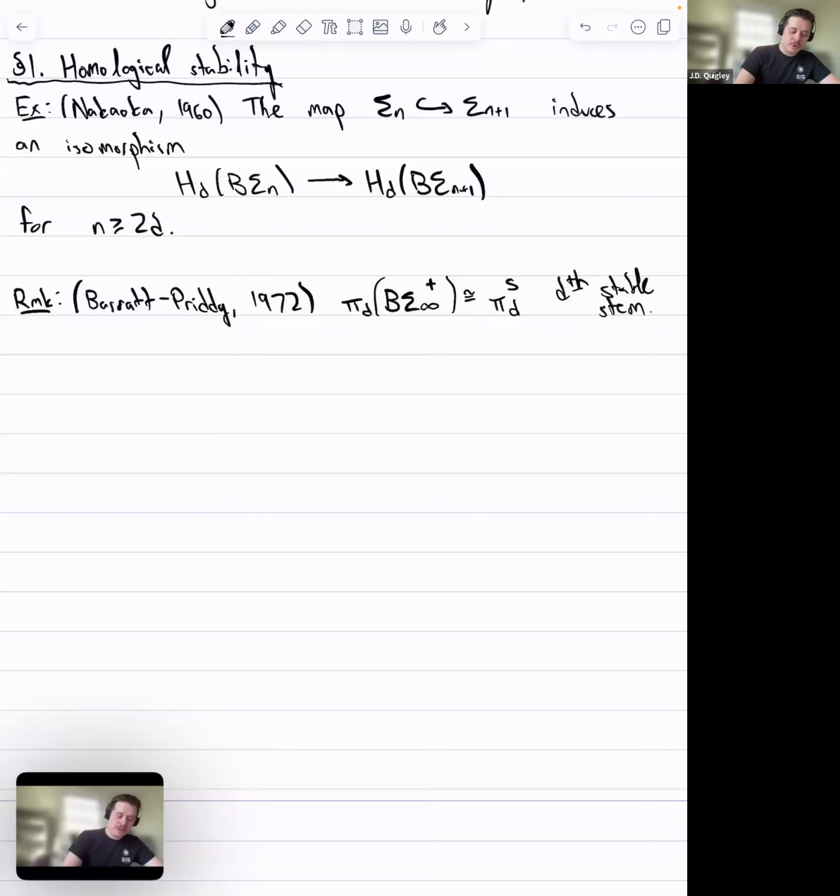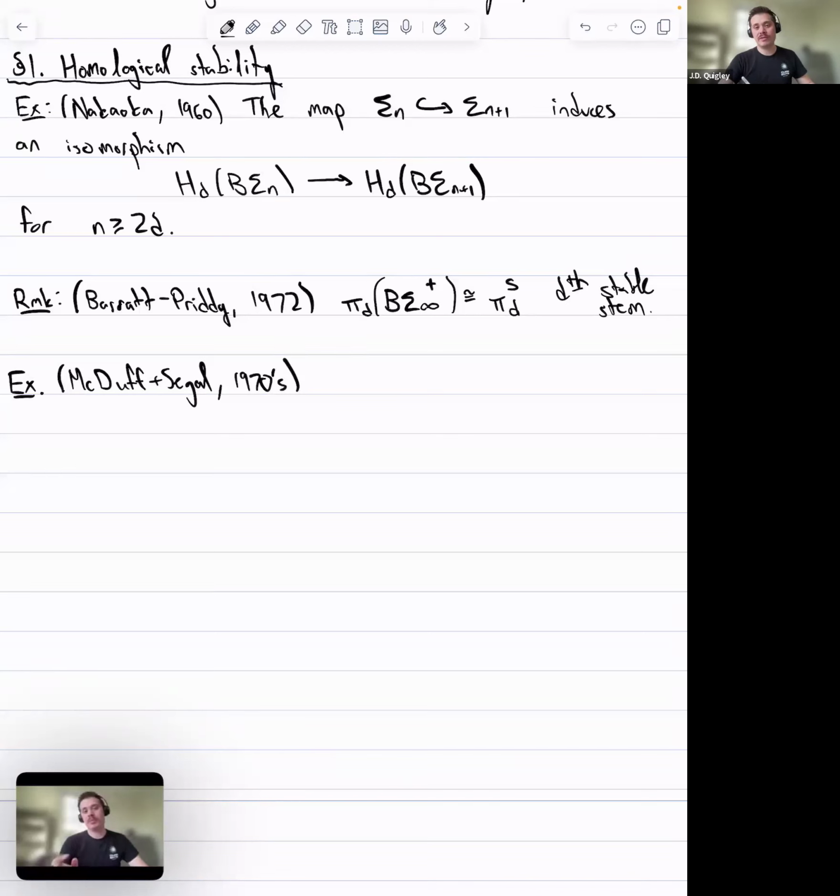Okay, I'll give you one more example, and this will be the main example for the talk. This goes back to McDuff and Segal in the 1970s. So it's two separate papers, one by McDuff and one by Segal. So I'm going to put some weird hypotheses on my manifold, which will make sense later.